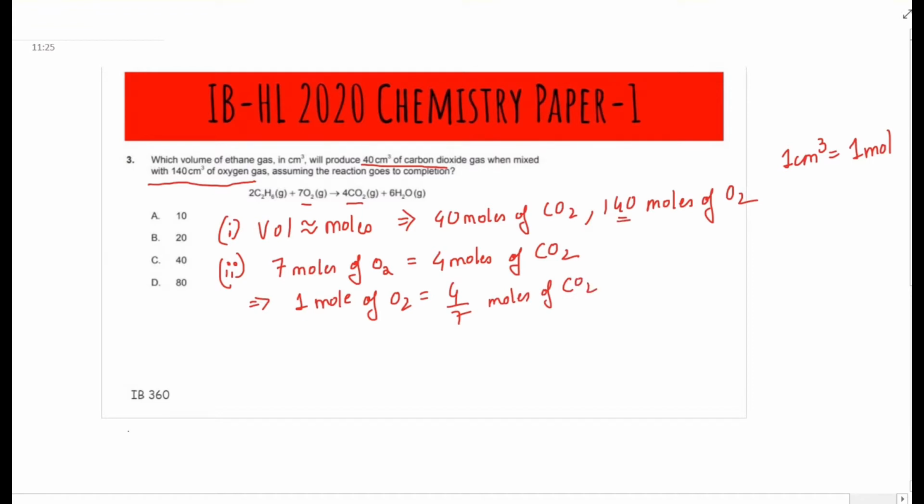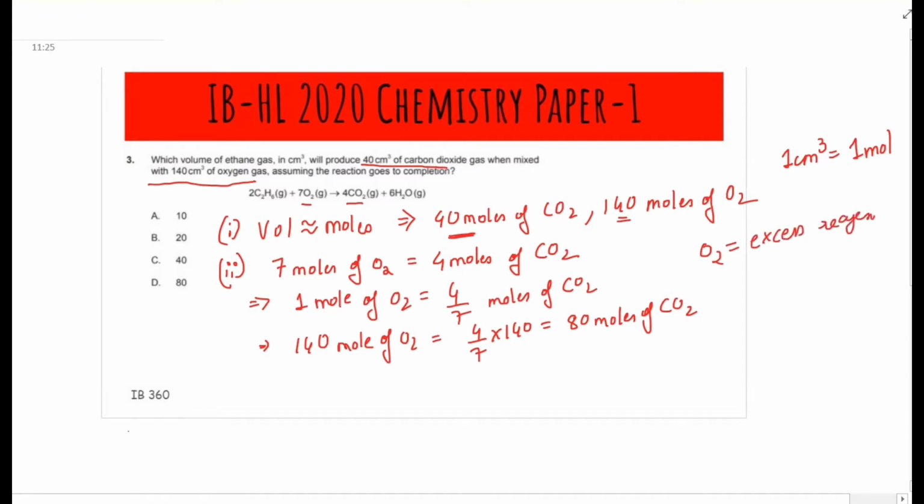Now I have 140 moles of O2, so this will give you 4 by 7 times 140, which is equal to 80 moles of CO2. But in this question, we know that we just have 40 moles of CO2. So O2 is the excess reagent, while our ethane would be our limiting reagent.